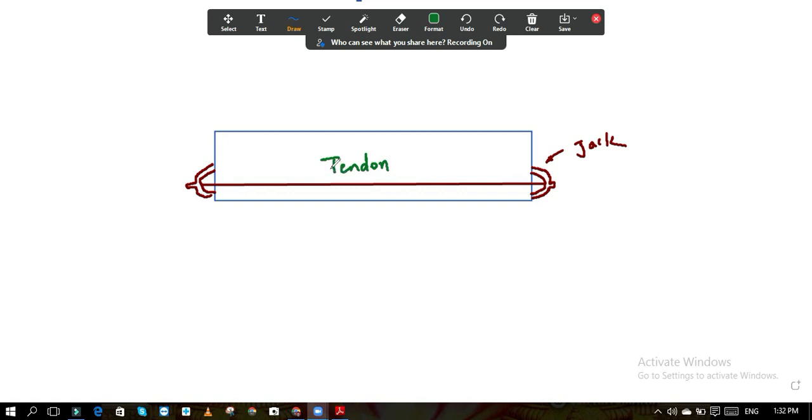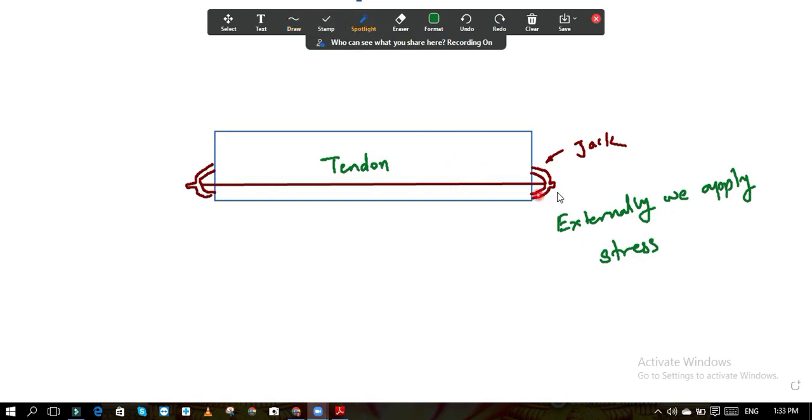So what we do normally, we apply the stress on this tendon externally. When we apply the stress externally to this tendon by using this jack assembly, a stress is developed in this tendon.